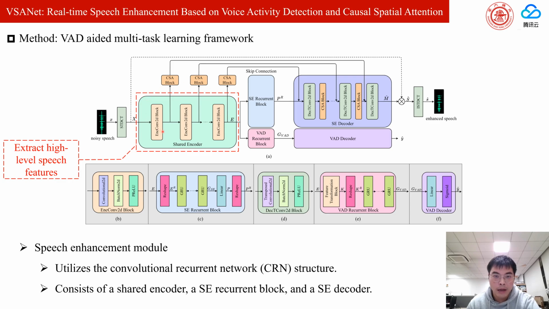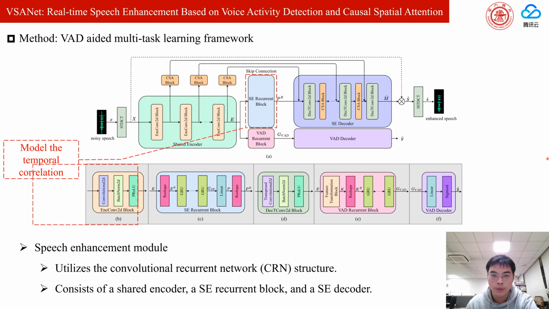It includes multiple convolutional blocks, and the details of each block are shown as Figure B. Then the SE recurrent block receives the feature map from the encoder and models the temporal correlation in speech features. The structure of this block is shown as Figure C, which mainly contains several GRU layers.